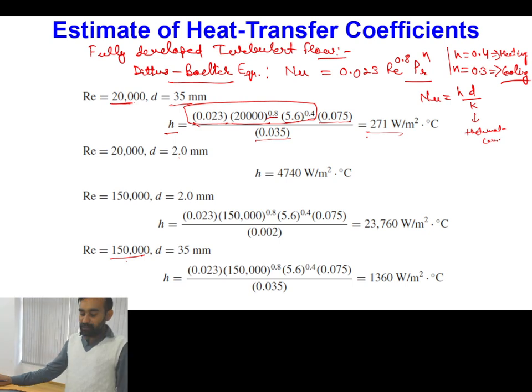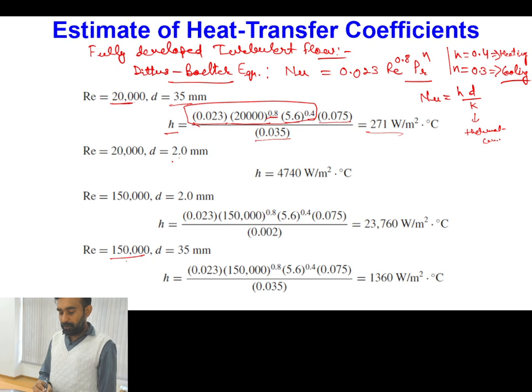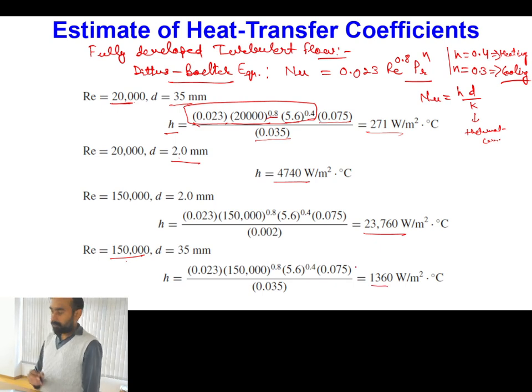Okay. Likewise, I have estimated it for the smallest diameter pipe also, and for the smallest diameter pipe it comes out to be 4740 watt per meter square degree Celsius. Okay. And for 1,50,000 Reynolds number with the smallest diameter pipe, it comes out to be 23,760, and 1,360 for 35 mm diameter.